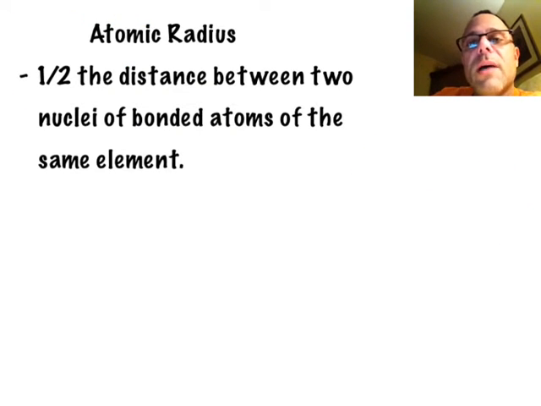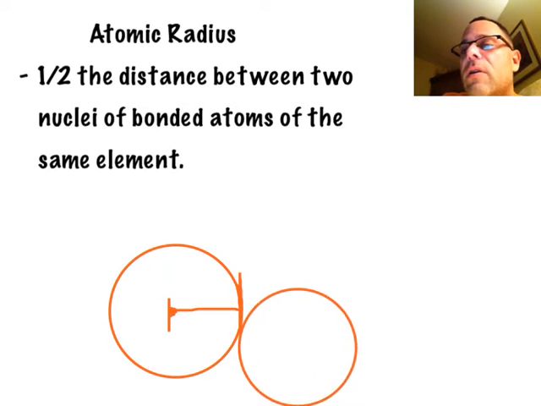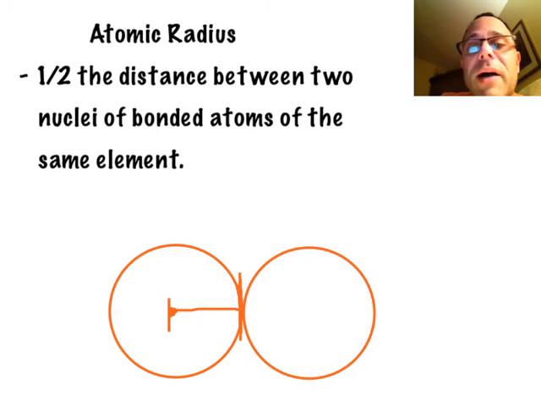Moving on to atomic radius. Atomic radius is defined as half the distance between two nuclei of bonded atoms of the same element. Now I know the classic definition of a radius would be, if that's a circle, from the center to the outermost margin. Okay, but to get an accurate measurement, you actually have to have, let's put another circle there, two atoms bonded together.